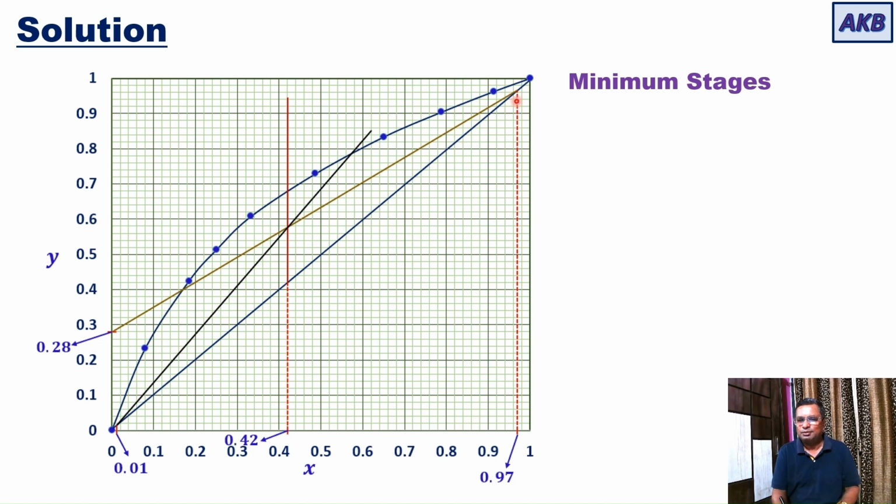The minimum number of stages will be drawn between the equilibrium curve and the diagonal line.